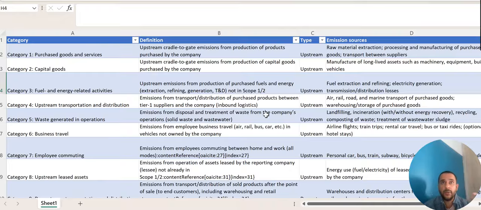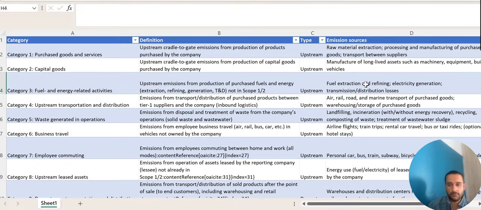Understand where emissions can happen, what kind of processes are involved, right? If you have those, you can easily get the emission sources, and through emission sources obviously you will get the data sources. It's just that you should have that data.